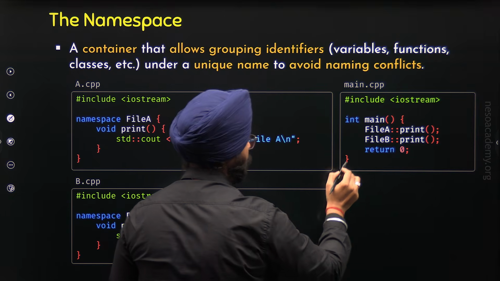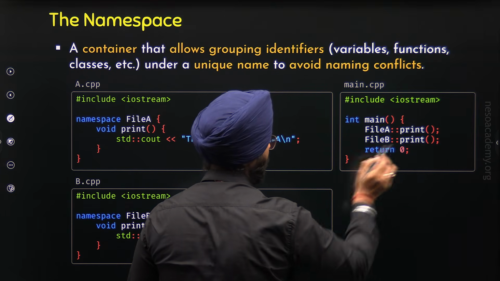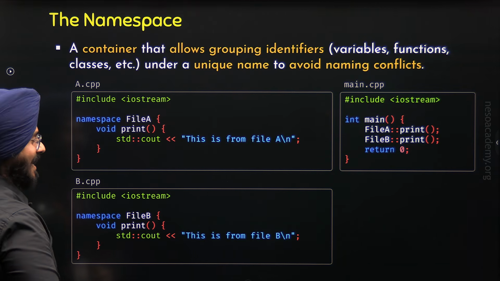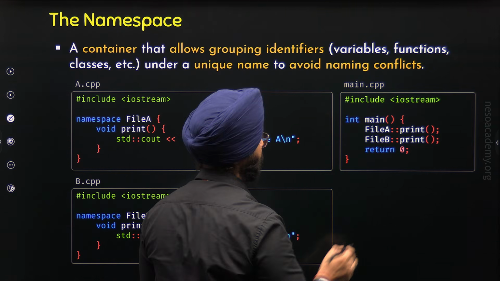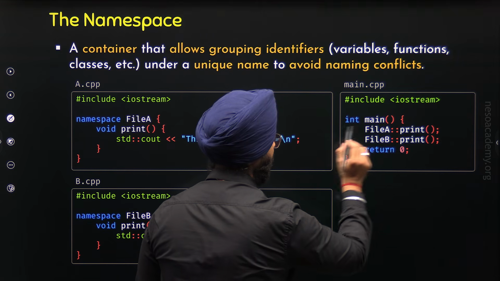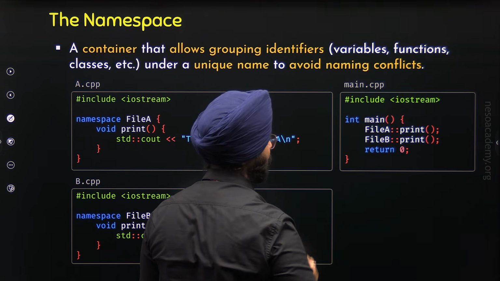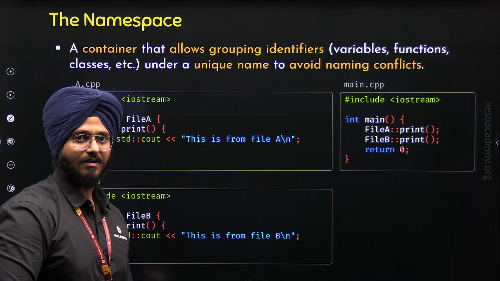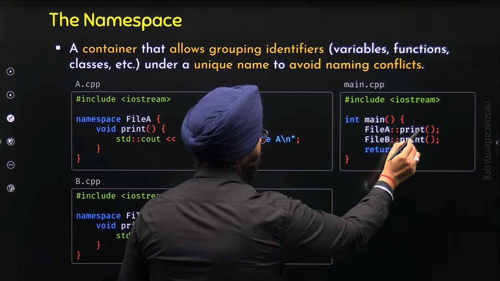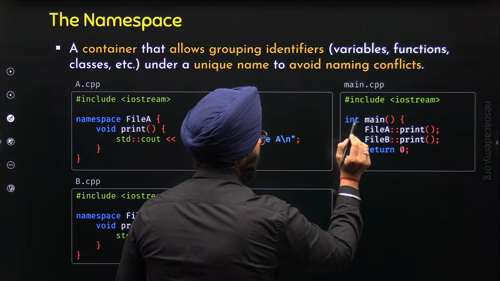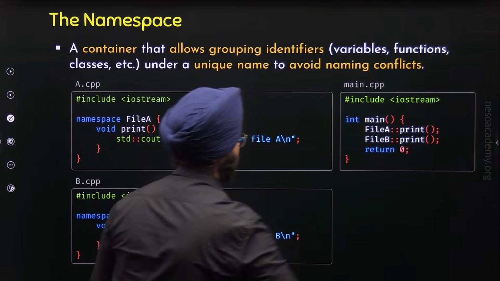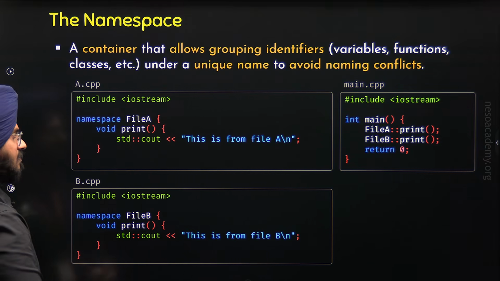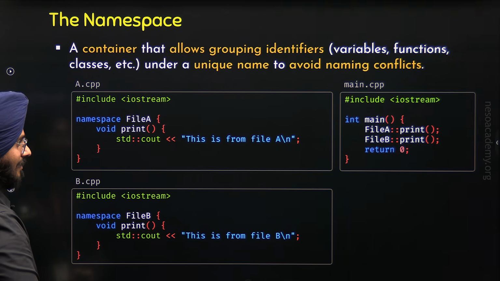In this main function, I'm calling the print functions of these two namespaces. Here you can observe the syntax. First, I have specified the name of the namespace, then the two colons, and then the function which I want to call. I want to call the print function which is available within the file A namespace. This is the namespace and the print function is part of this namespace, therefore I can call this.